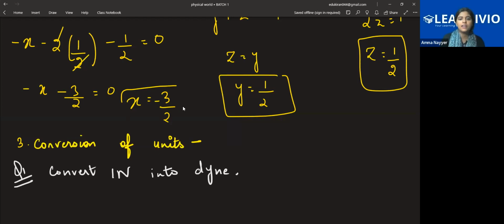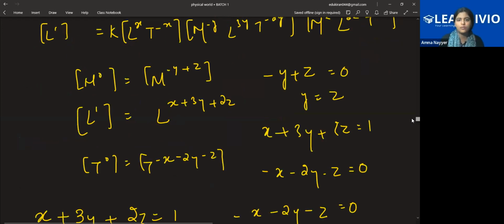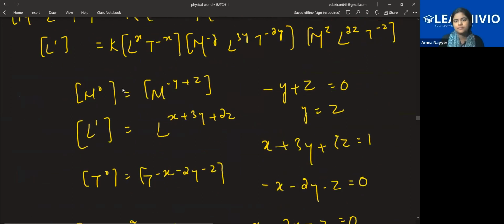So these are the values of x, y, and z. You can substitute it for this. Write it quickly. Let me now just cover the last portion that is left so that we can start with the next chapter. Write it.